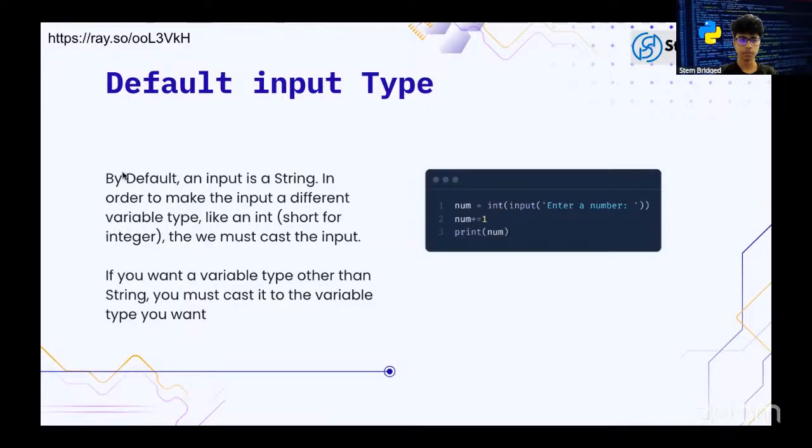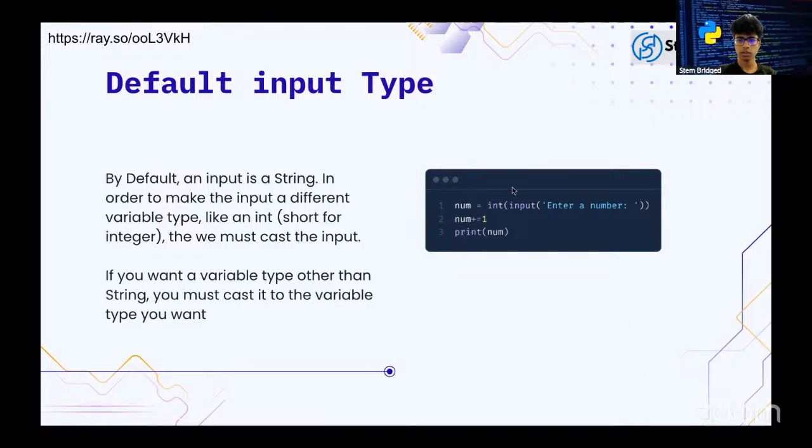By default, an input is a string. In order to make the input a different variable type, like an int, we must cast the input. If you want a variable type other than a string, you must cast it to the variable type you want. So in this example, num is equal to int, then whatever we get from the user.